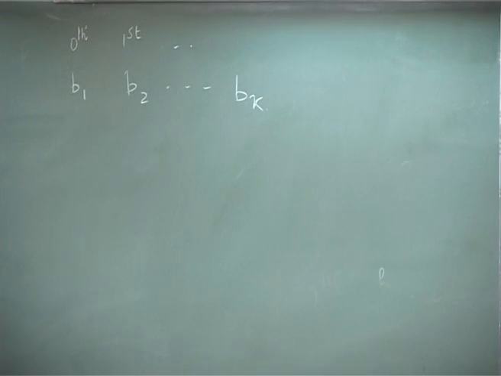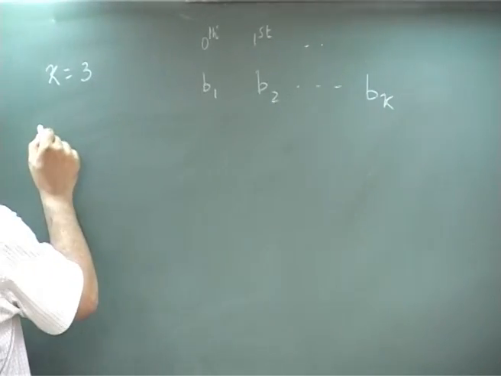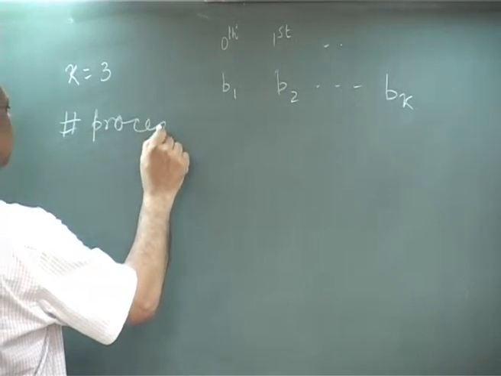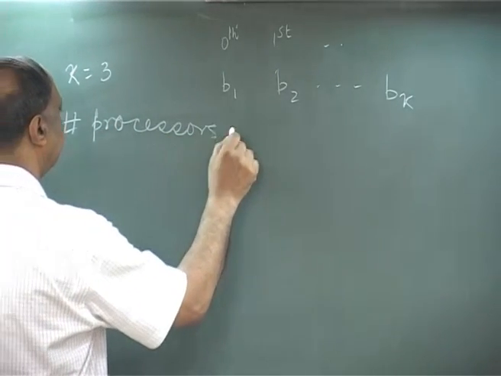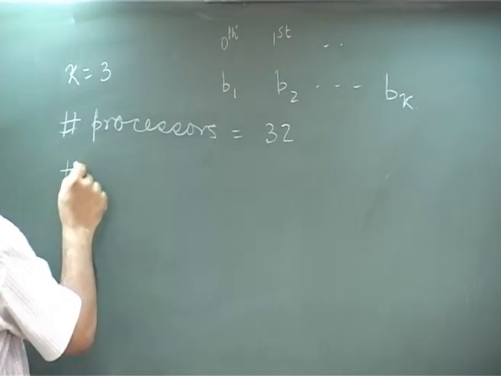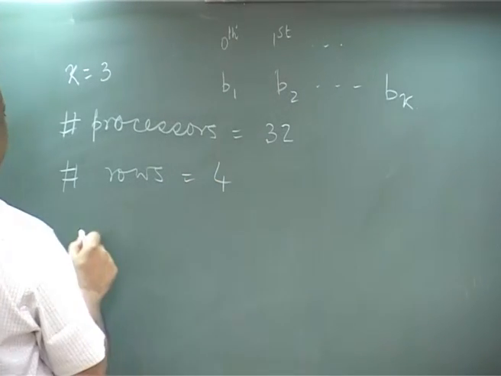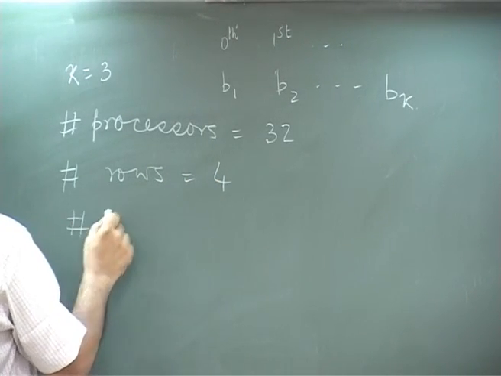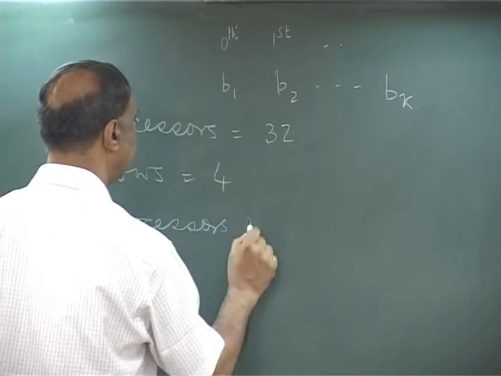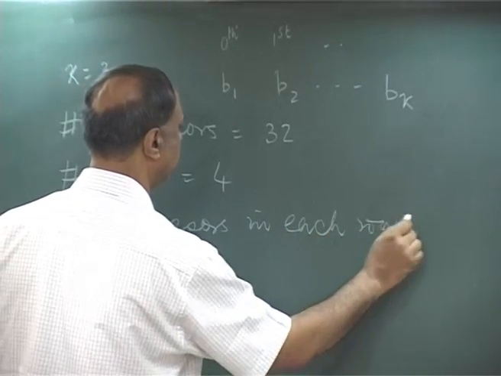Now let us consider K equals 3, that is the number of processors is 32, the number of rows is 4 and the number of processors in each row is 8.